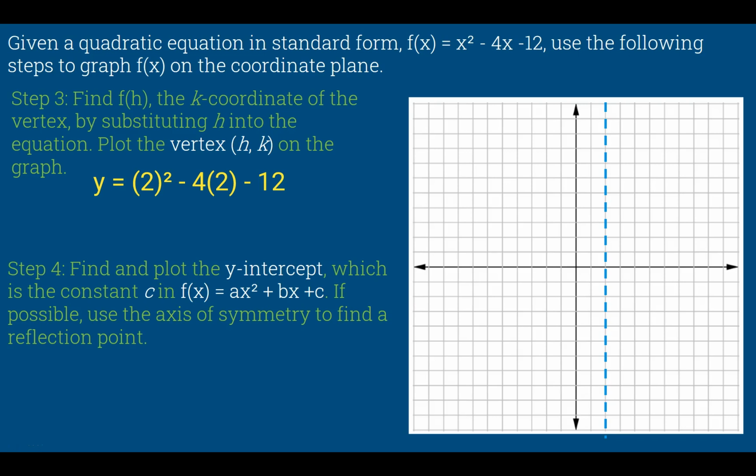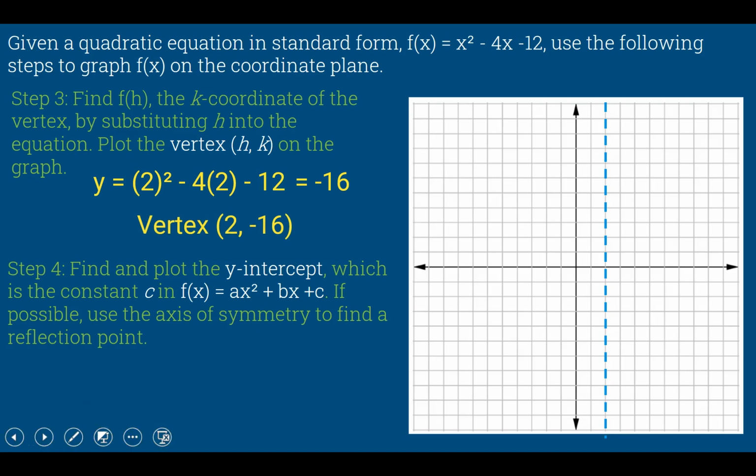Negative 8, good. And that negative 12 is just still there. So 4 minus 8 minus 12. What does that give me? Negative 16. Good. That is our k value. So if h is 2 and k is negative 16, then what's my vertex? 2, negative 16. Yep.